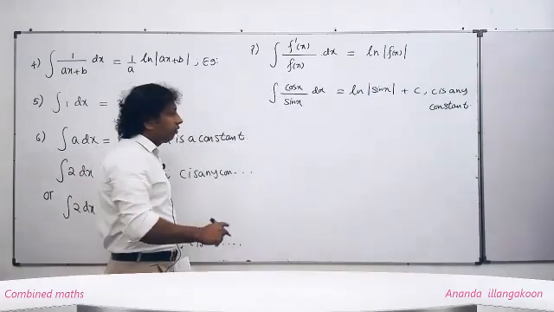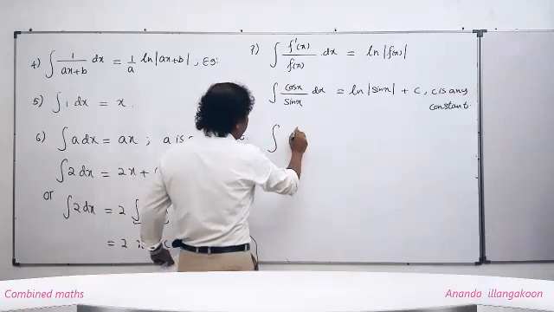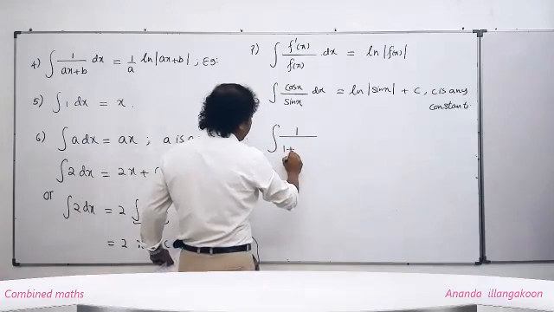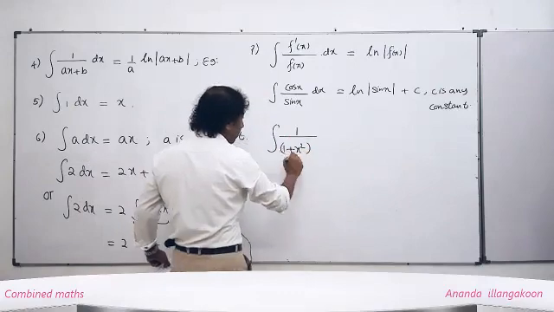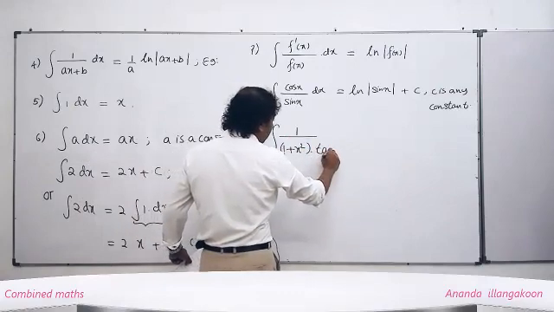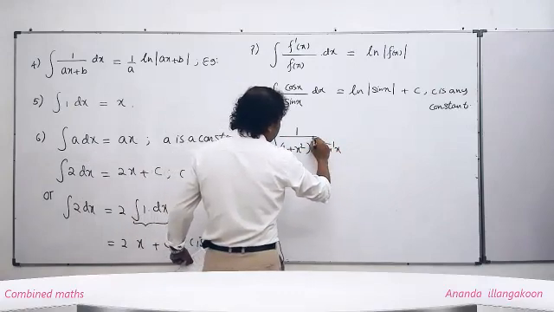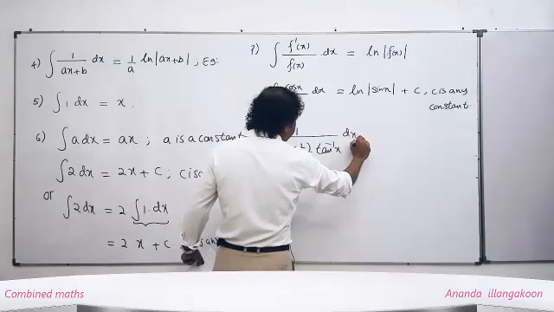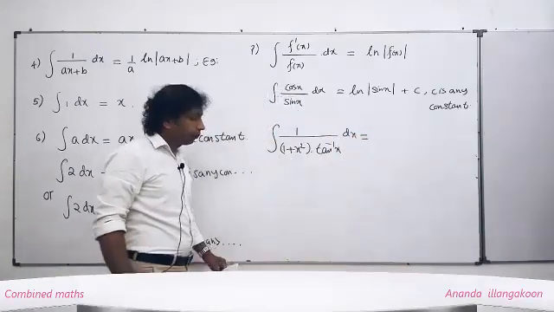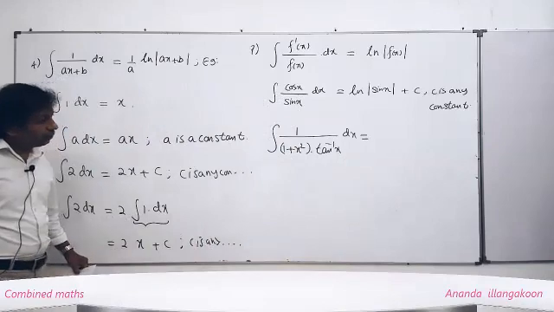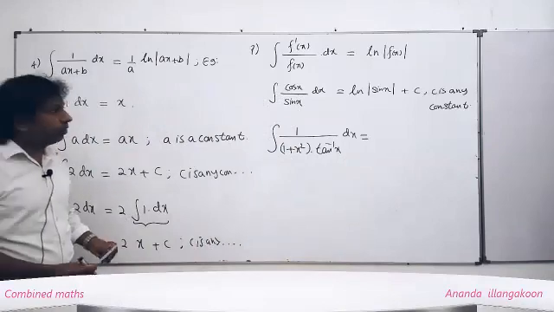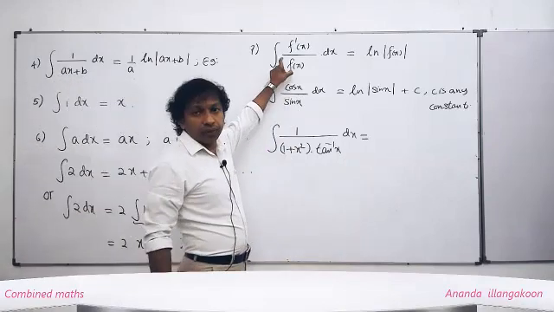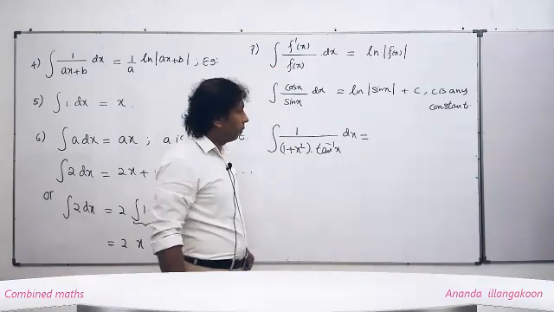And another example, people, if I consider like this, 1 upon 1 plus x squared times tan inverse x dx. When you integrate this also, people, we can prepare it like this. How?